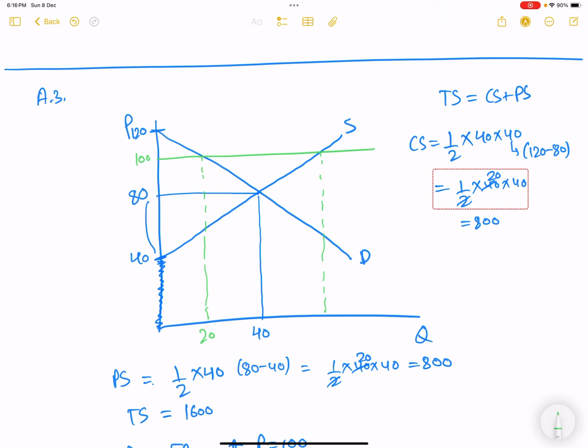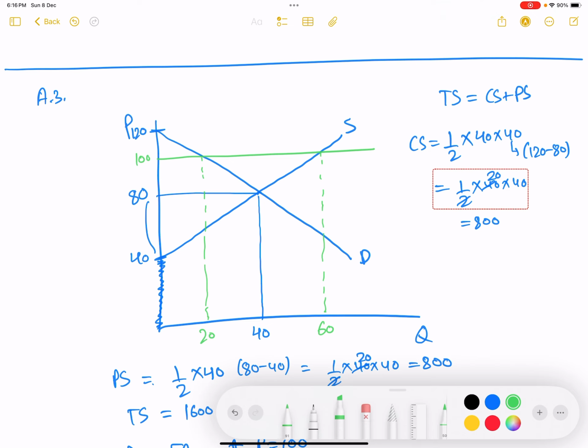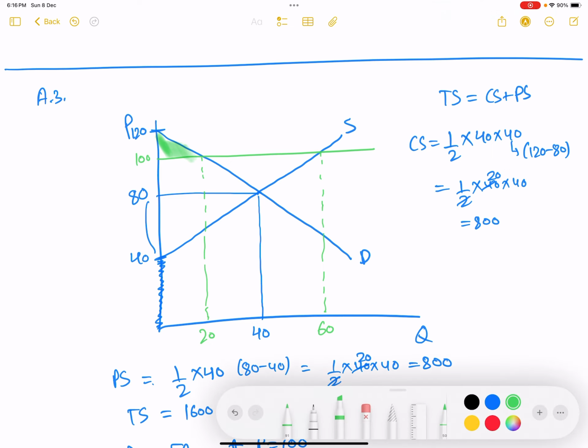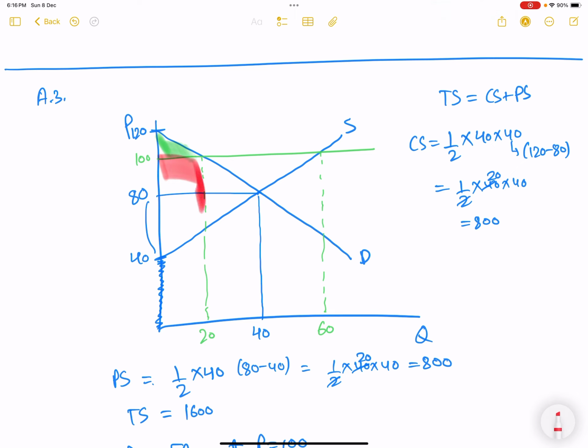So there exists a scenario of excess supply in the market. Now we are supposed to find the consumer surplus. Consumer surplus in this case is the area in green, whereas the producer surplus is the area in red, this whole area.